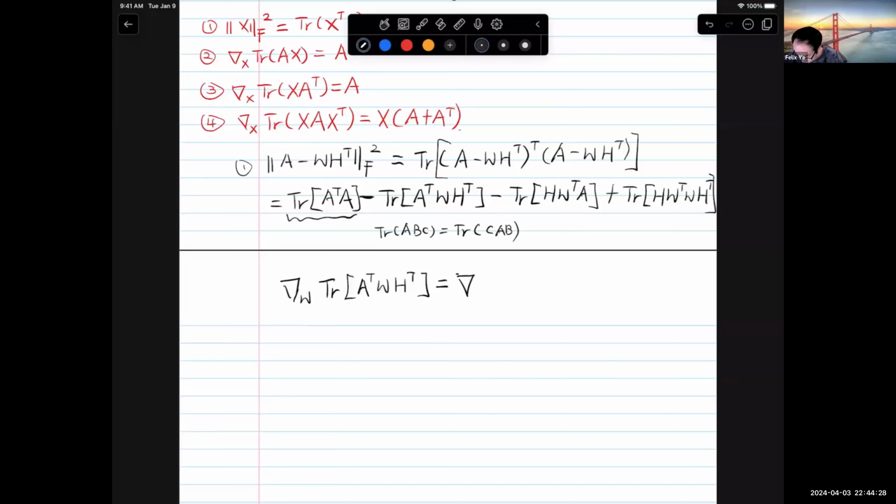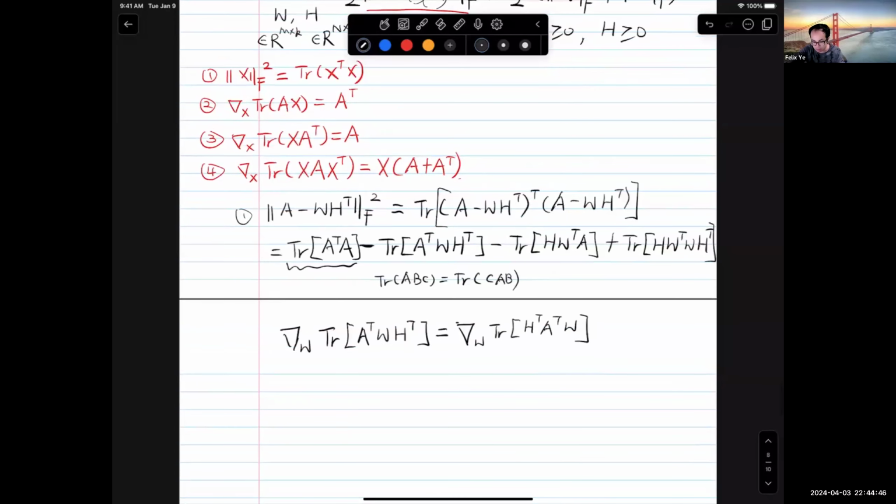So this becomes the gradient of the trace of H transpose A transpose W. Then we can use the second property right here. This gives me H transpose A transpose transposed. So this is equal to A times H.